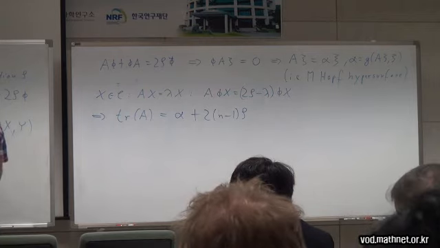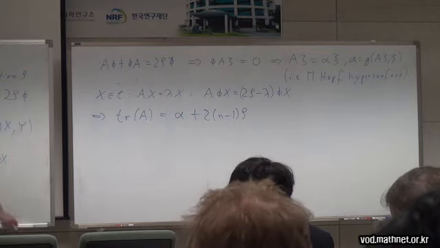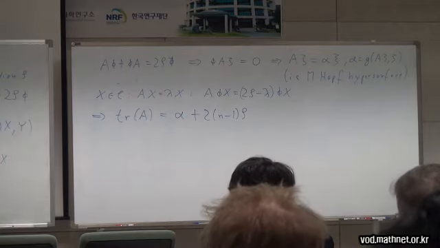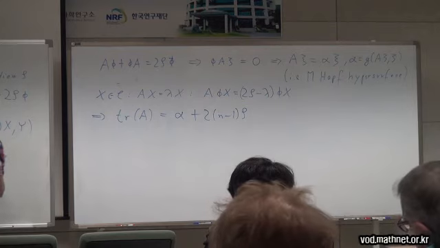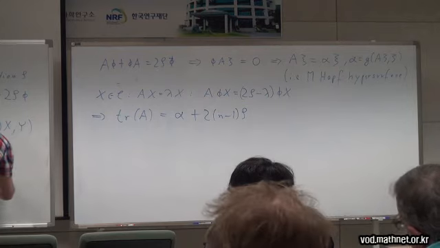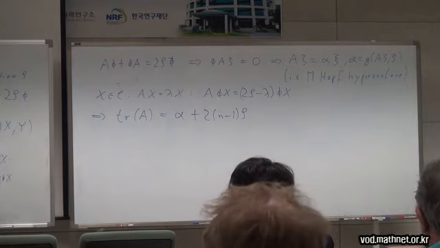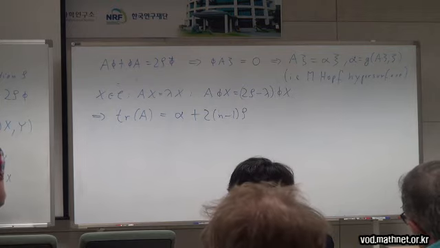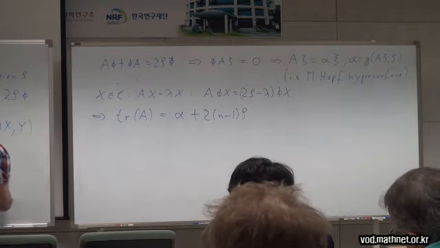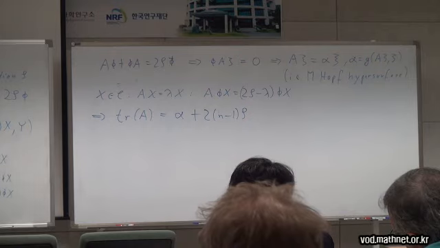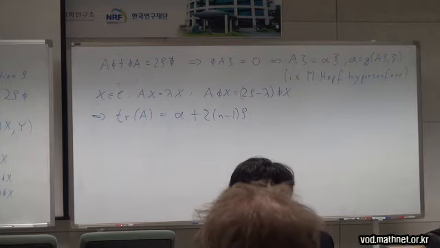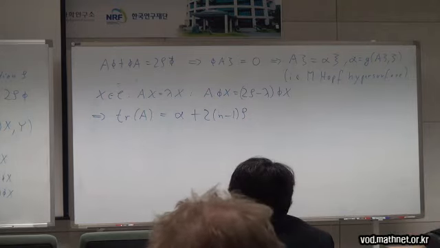Then we know A phi x must be equal to mu times phi x. So we add up: phi Ax plus A phi x is equal to lambda plus mu times phi x. And that's the equation we have here.